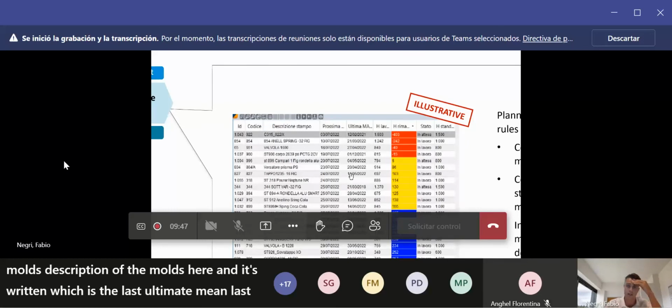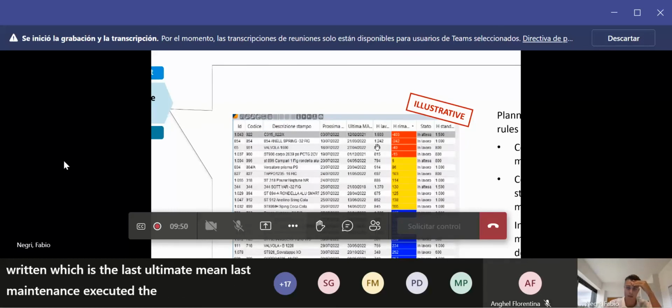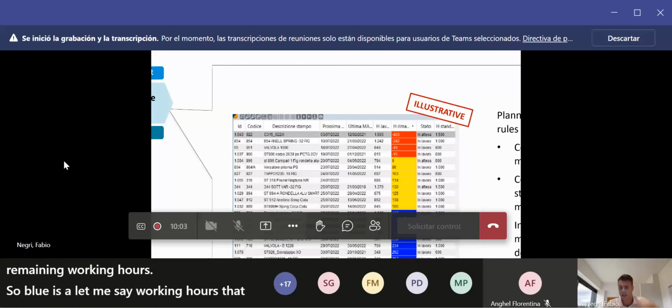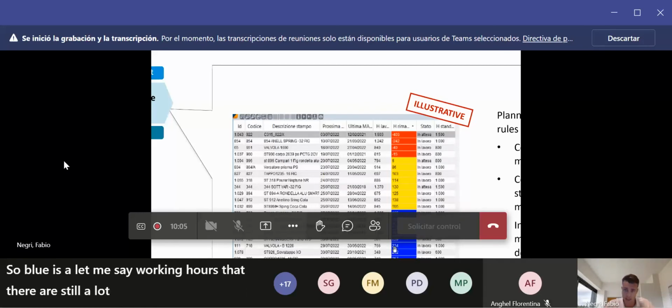It shows the working hours since the last maintenance executed, and the remaining working hours. Blue means there are still a lot of working hours to be done, 102 working hours.